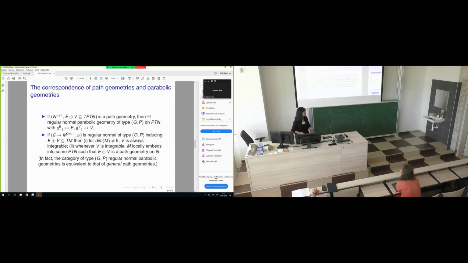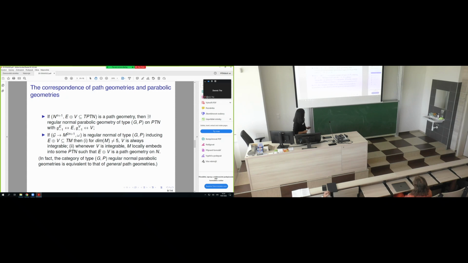The second claim is that whenever V is involutive, then your base manifold M is locally embedded into some PTN of some N such that your E and V are embedded into the path geometry on N. Which can be equivalently phrased as the categorical equivalence between type (G,P) regular normal parabolic geometries and the general path geometries.